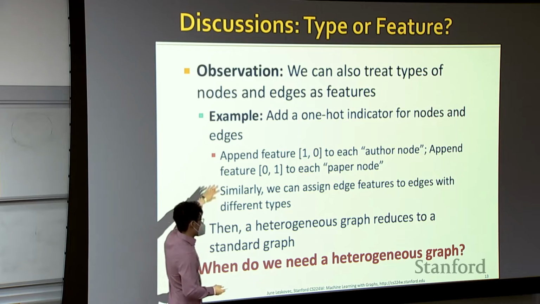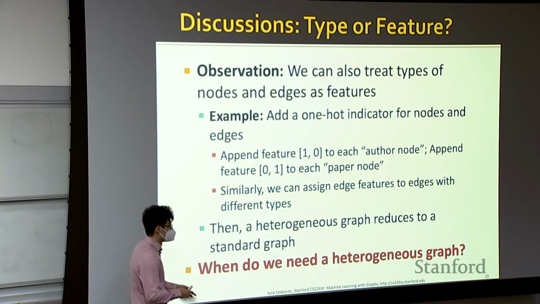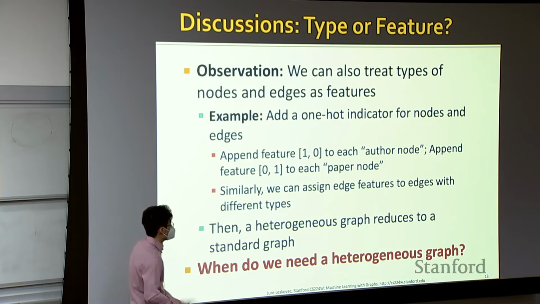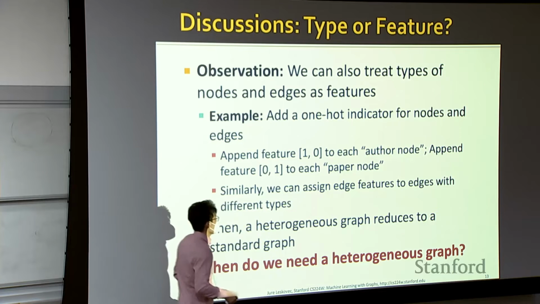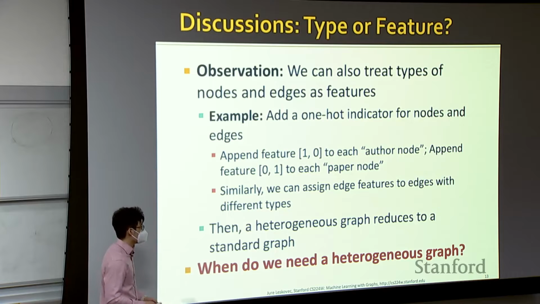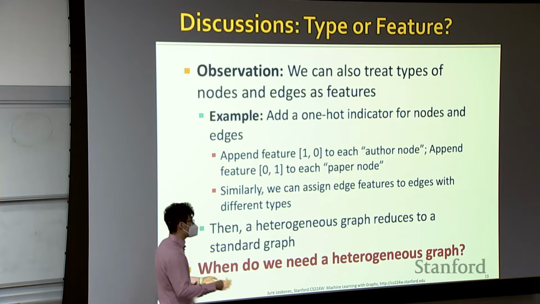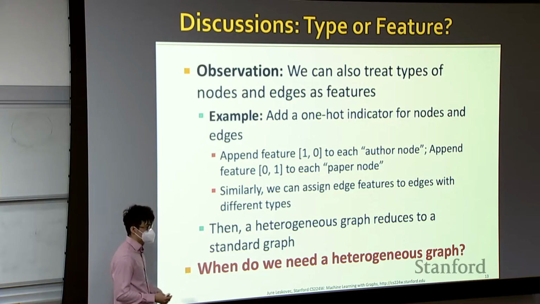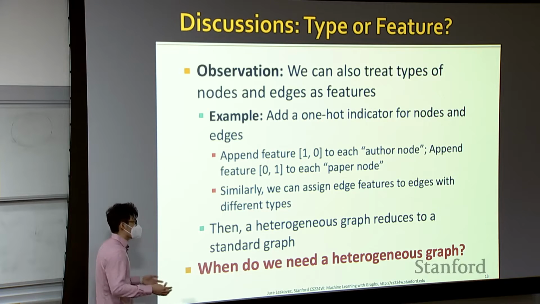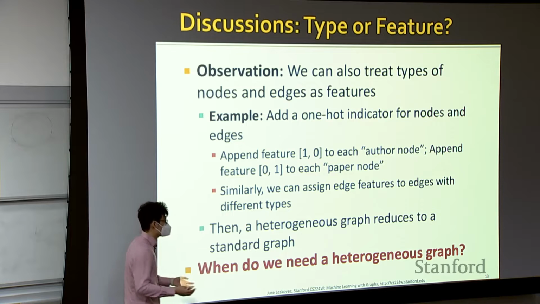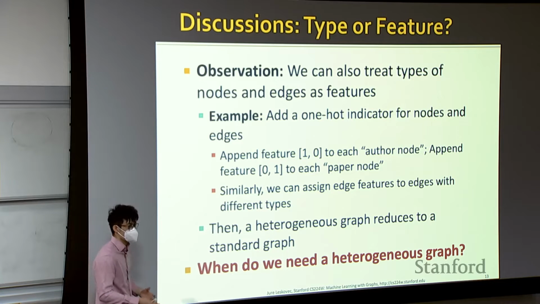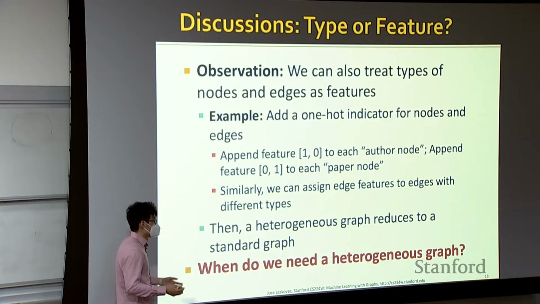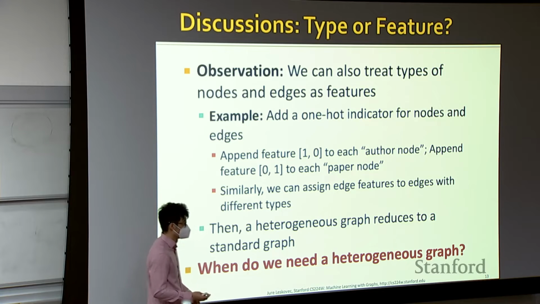For example, still using our example of the academic network, for 2 types of nodes, author nodes and paper nodes, we can use a one-hot encoding 1-0 to represent each author node and 0-1 to represent each paper node. And even though we may have additional attributes for authors and papers, suppose we append this indicator feature to these 2 types of nodes, then essentially we have injected this type information into the network.